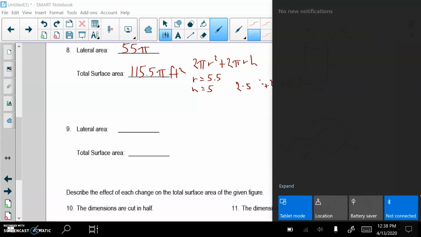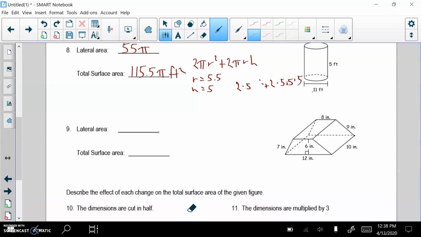So it's a prism. First and foremost, it's a prism. So 2 big B plus P times H. Big B, P, and H. The height of my prism, I like to kind of start at the capital H. This 10 is the height of my prism because it's connecting my two parallel trapezoids.